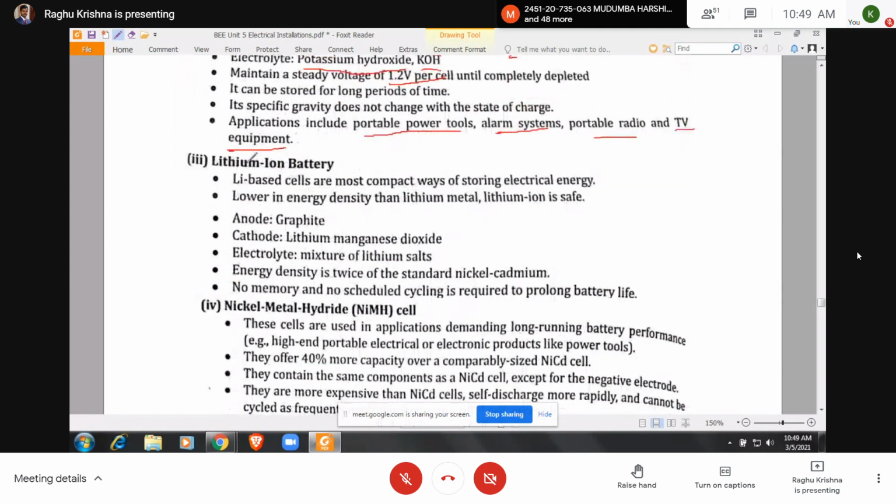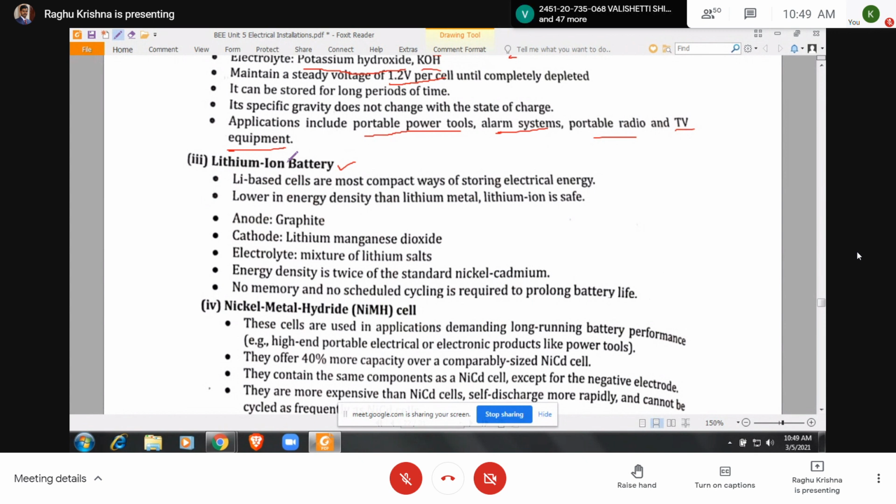Next, lithium ion battery. Lithium ion batteries are used more here. Cell phone batteries are made up of lithium ion. We are using a lithium ion battery in our mobile phones and also in MP3 players.